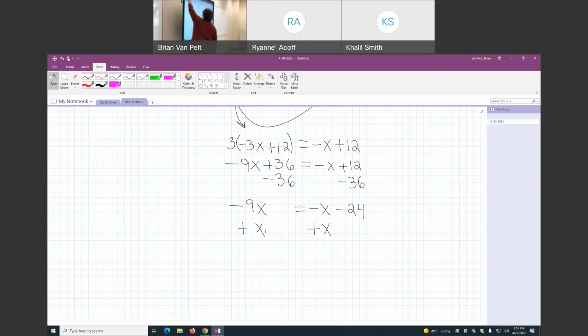You'll see in just a second. I was just wanting to avoid the negative in parentheses. But you don't have to do it. Finish this, you can divide by negative 8. And you end up with x is equal to 3.